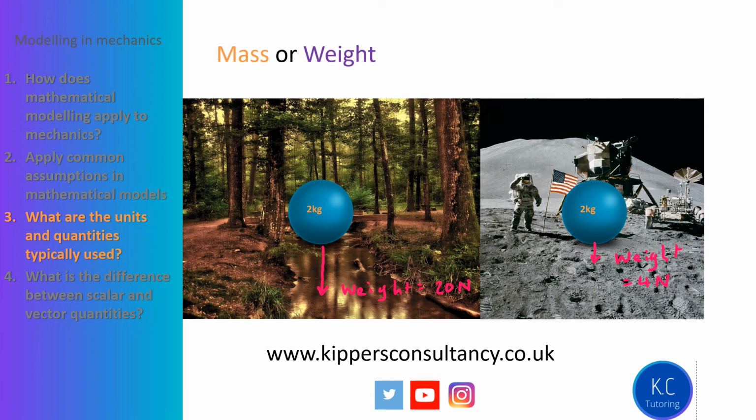However, the weight of an object, its force, depends on which gravitational force field it is in. Therefore, an object cannot change its mass, but it is possible for it to change its weight. For example, an object of 2 kilograms mass would have approximately 20 newtons weight on the Earth, but only 4 newtons of weight on the Moon.